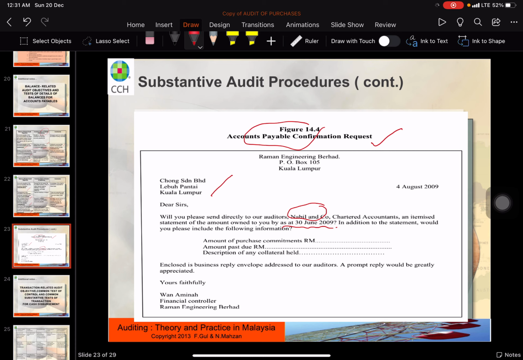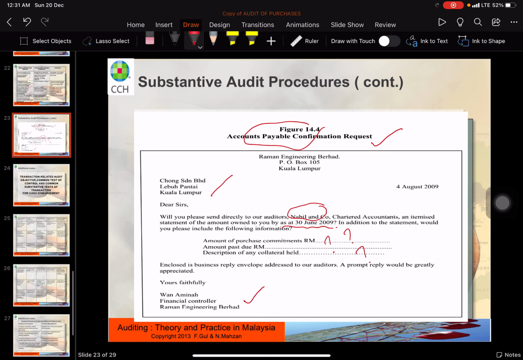So they have to reply with the figure that they owe, what is overdue, and whether there is any collateral and so on. So that is the confirmation request from the accounts payable.